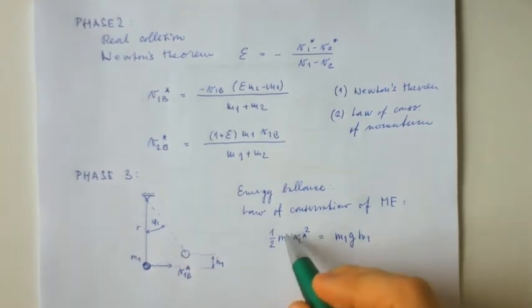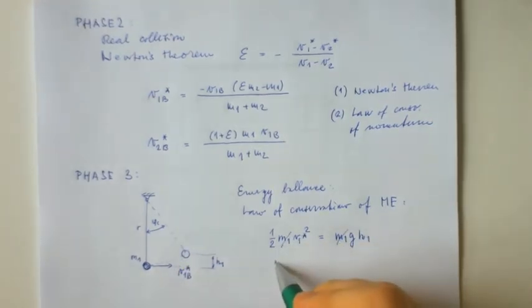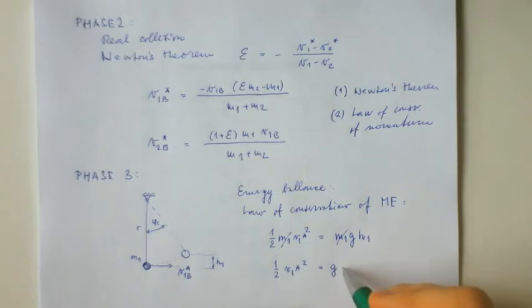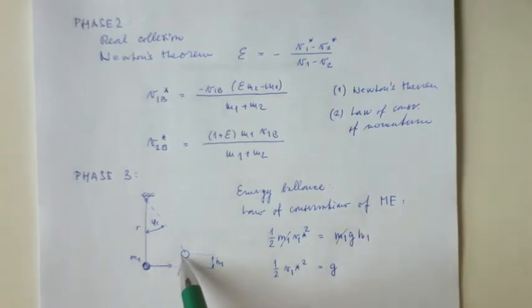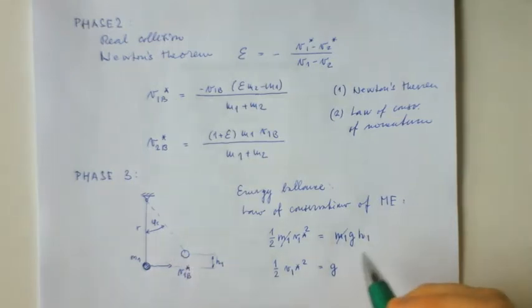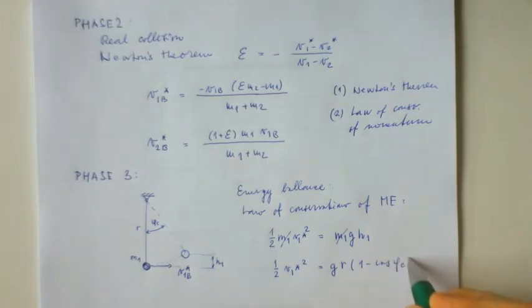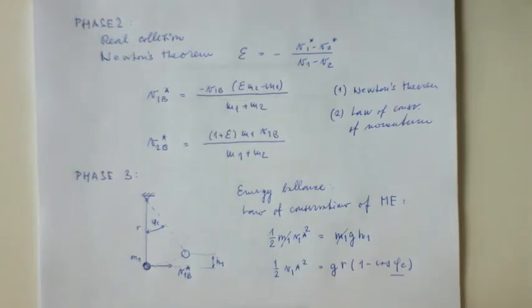So from this we can cancel m1, and from this we can calculate the angle. So h1 here is r times 1 minus cosine phi c, and from this we need to calculate phi c.